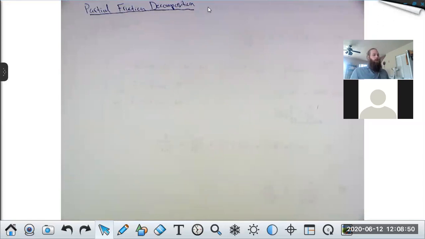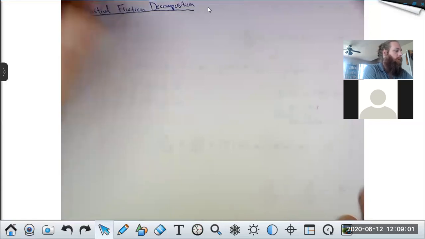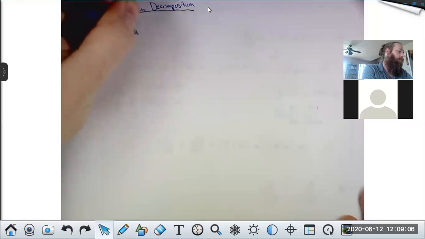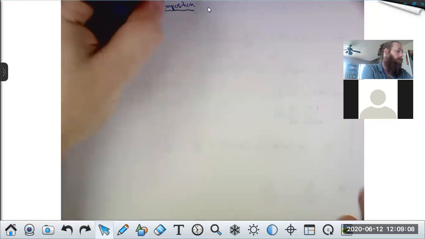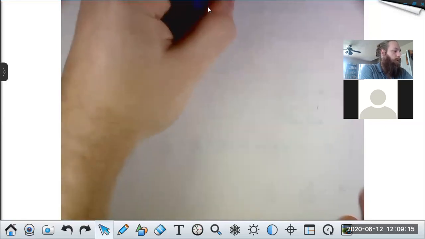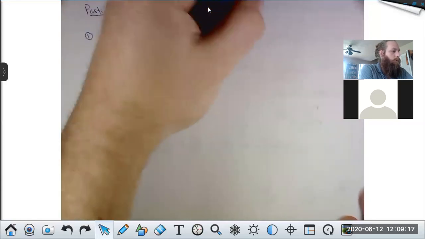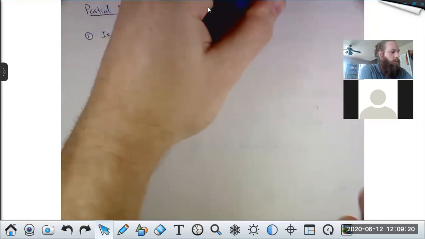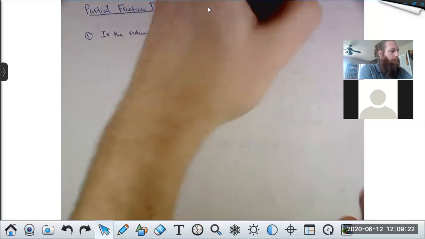To write it all out in a single statement is not an easy thing to do. I don't suggest doing that. We break it down into cases. So first, is the rational function proper? If no, long divide and come back.